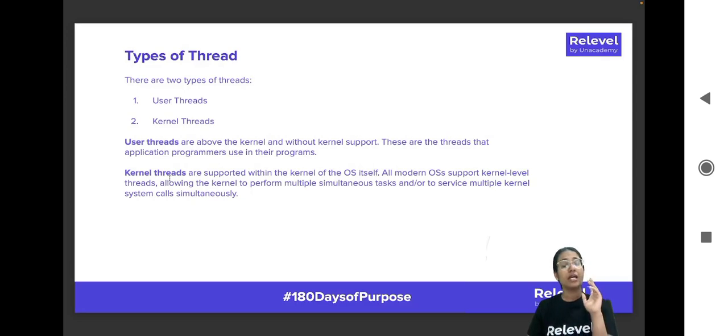The kernel knows about all the threads and manages all of them. The kernel level thread usually makes a system call to create and manage the threads from the user space, and the implementation of kernel threads is a little more difficult than user threads. Also, here the context switching time is a little bit more.